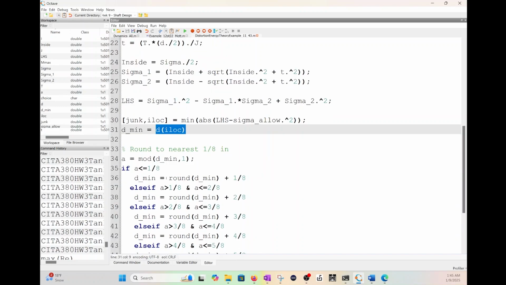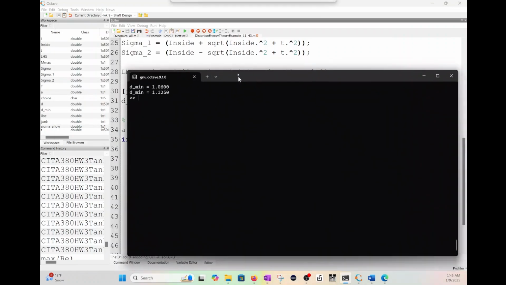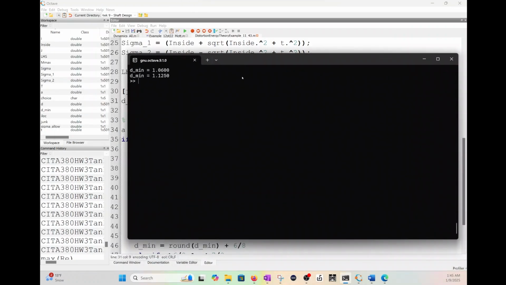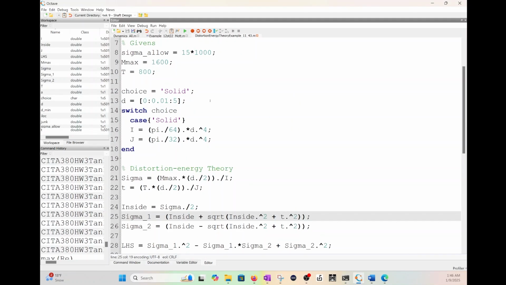Okay, then I'm rounding to the nearest eighth. So when I run this, I end up getting 1 1/8 for our diameter. For me, this is quicker than trying to algebraically solve this. This is just a quick numeric guess to get my answer.